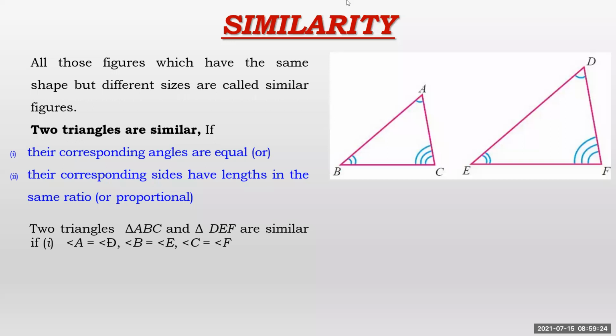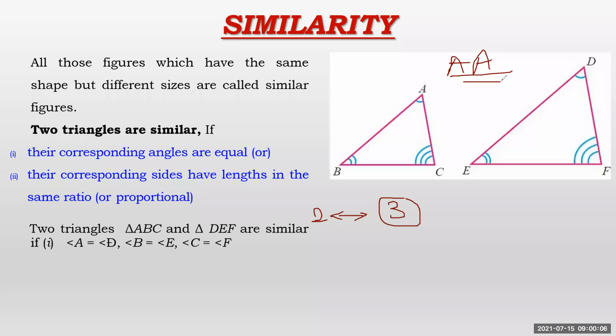If you have the data that only two angles are equal, this also means that the third angle is also congruent. Because of this, for similarity of triangles you have one test, which is called the angle test.